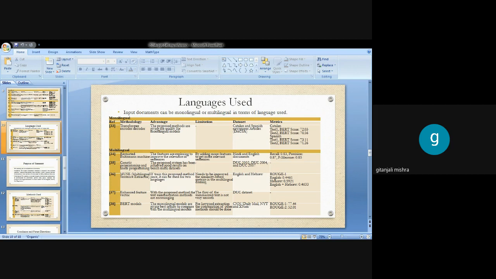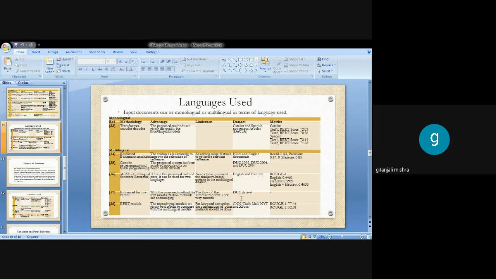These are the outputs. Then the 37 article, enhanced feature vector representation, is the methodology used. By using that methodology, we got this benefit: the proposed method which generates the text summarization is encouraging, and the proficiency will be more. The limitation is that the flow of the summary text is not very smooth.